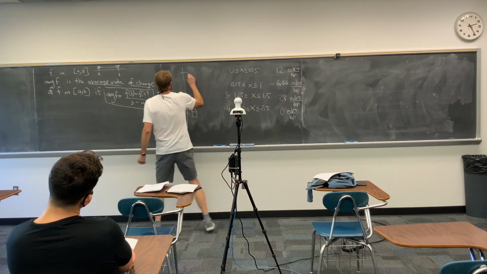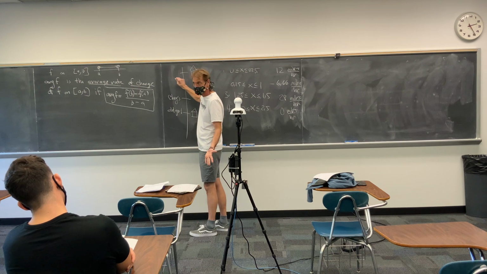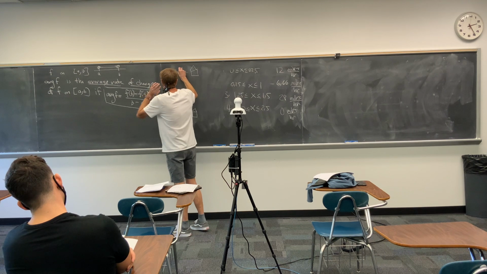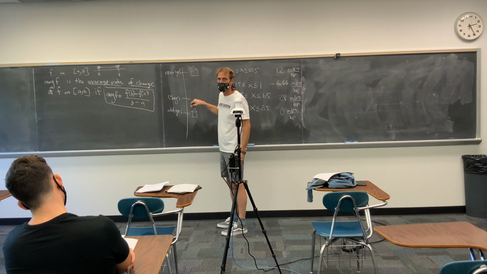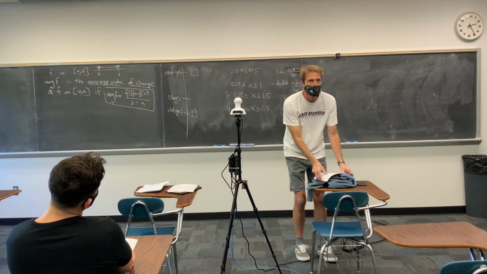Up here is the new girlfriend. How far is Shay's new girlfriend from his house? 5 miles. So now let's go back and look at our rate versus time graph.